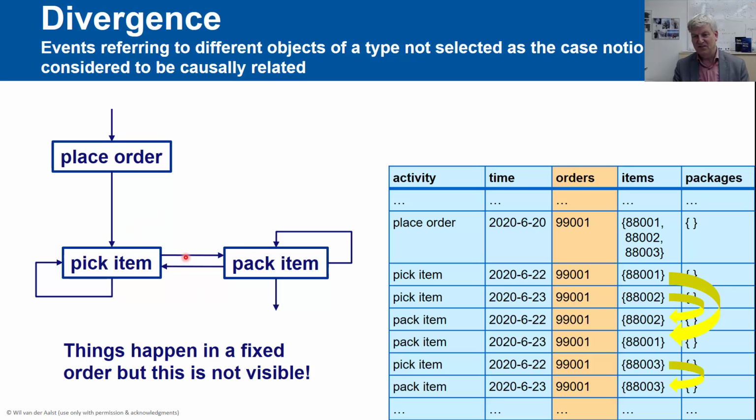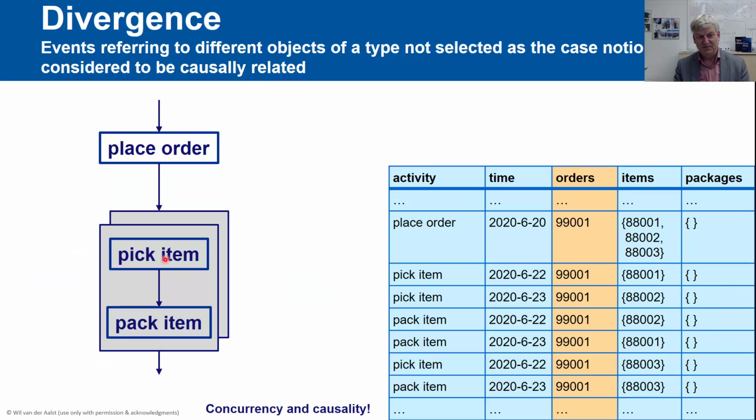All of these connections are there, they happen, but it's very disturbing, because this process model allows for many more things than what we just see, because the causality among items is lost. So what we would really like to see is something like this, where we first execute place order, and then for each of these items, we see the sequence pick item, pack item.